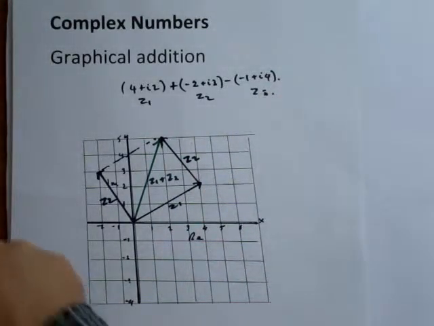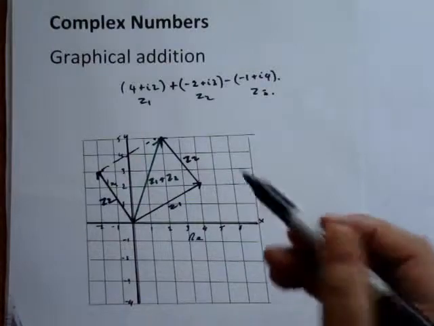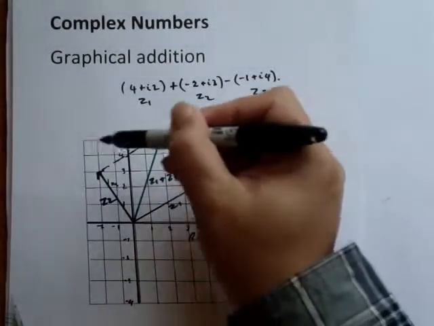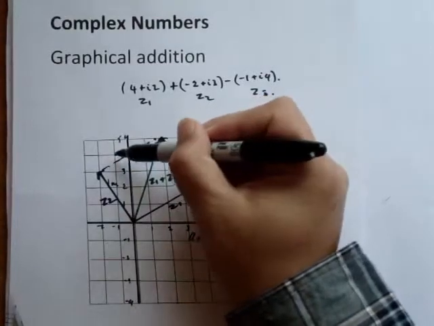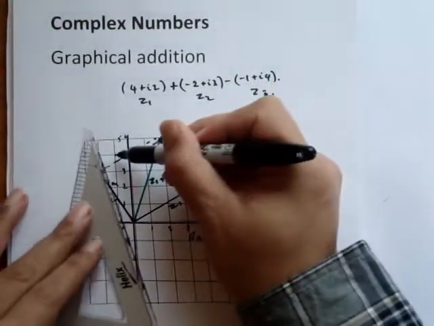Now we need our Z3. The Z3 is essentially minus 1, 4, and we want a minus of that because we're subtracting it.